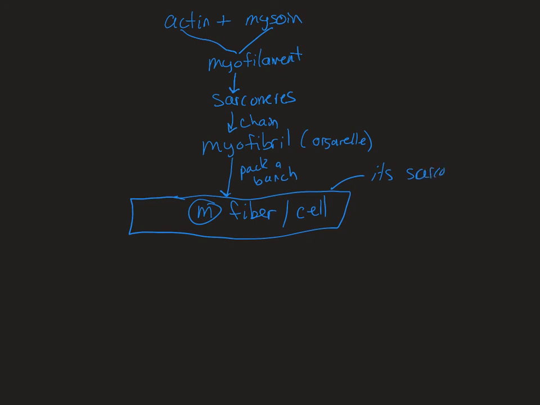And remember, the sarcolemma is its plasma membrane. And the plasma membrane, we're going to link with dystrophin, all right, to the connective tissues around it. So in this case, we're going to link it to the endomysium.